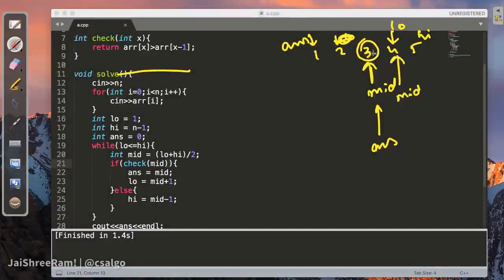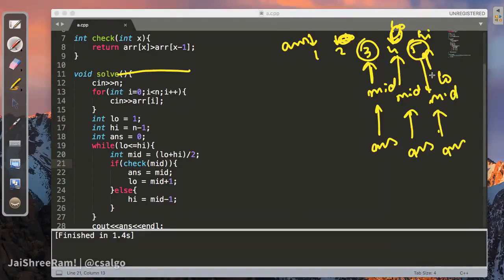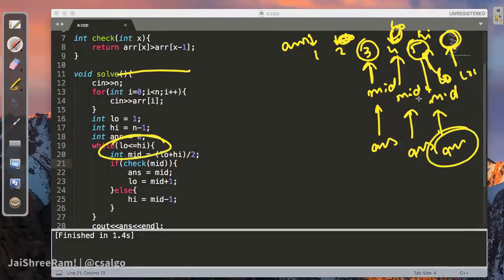That is also true, so we make this the answer, and we make low equal to this value. Then again we check just this value, this is mid. For this as well it's true, so we make this the answer, and we make low equal to the outside value. There is no value over here, but we point low to index 6; sorry, this is index 4, this is index 5. Now the condition low less than or equal to high fails, so this will break, and this is our answer. We have saved it as 5, right?